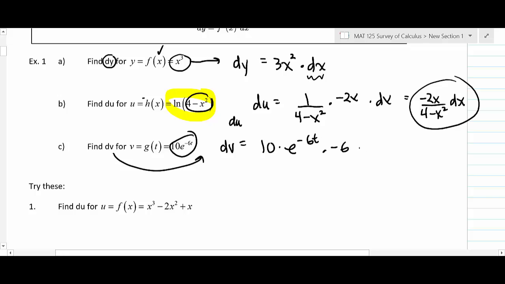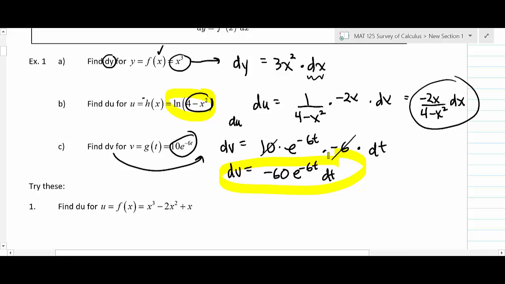Negative 6. But you also have to tack on dt. You're always using whatever that variable is. So dv is going to be 6 times 10, that would be negative 60, e to the negative 6t times dt like that. That is how you would write that differential.